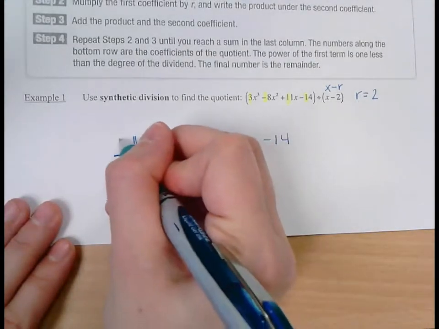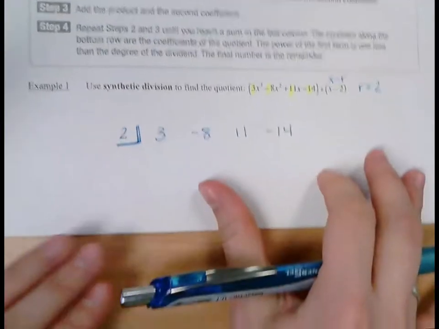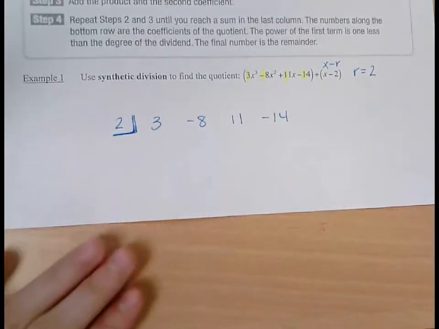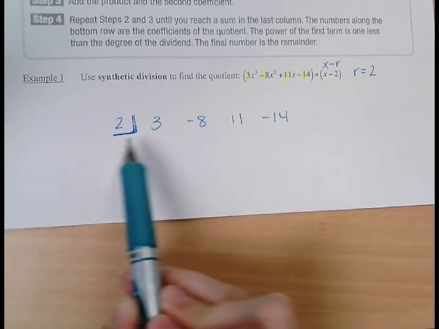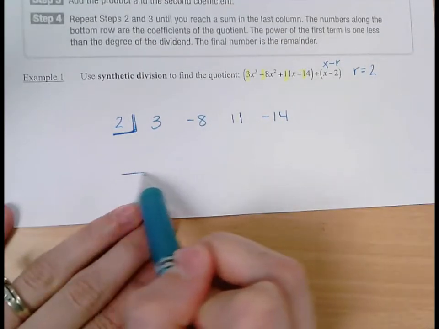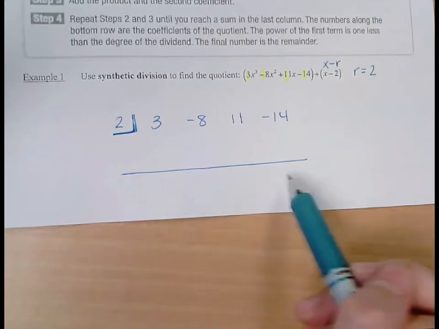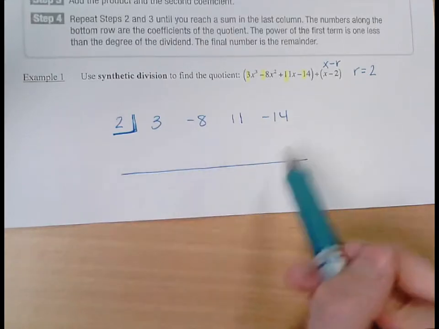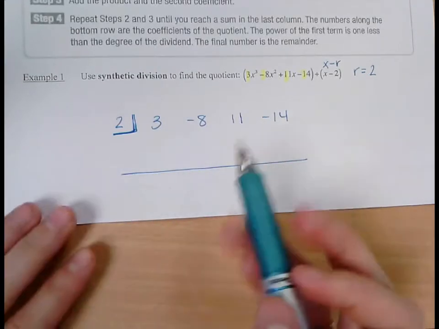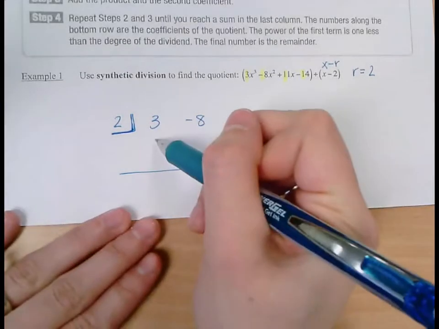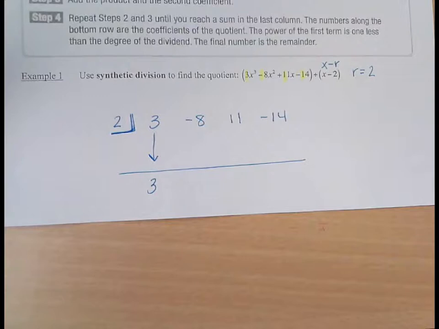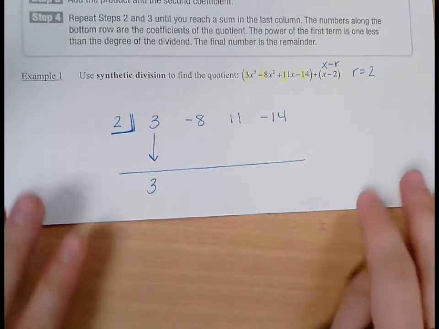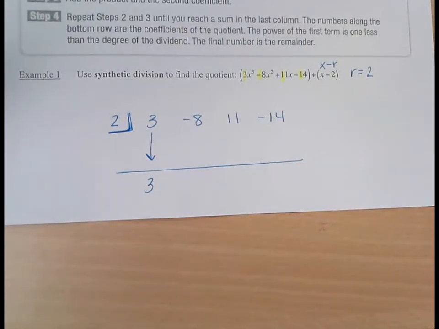That's where your r value goes. So I'm going to stick the 2 in there. And then you want to leave a space. You're going to be writing in the line that's below the number. So leave a space and then draw a line because you're also going to be writing below. So you need a space here and then the room to write below. And when it says bring the first coefficient down, the first coefficient of 3, you bring down below the line. So this is just the setup part of synthetic division. You have to understand how to set it up.